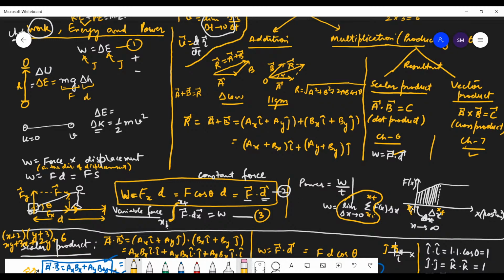I have applied the force from xi to xf, and this is a displacement. So the integral of F dot dx is equal to work done. This formula is for the variable force. These are the limits xf and xi for this change dx. Always remember, these are the limits of x position.